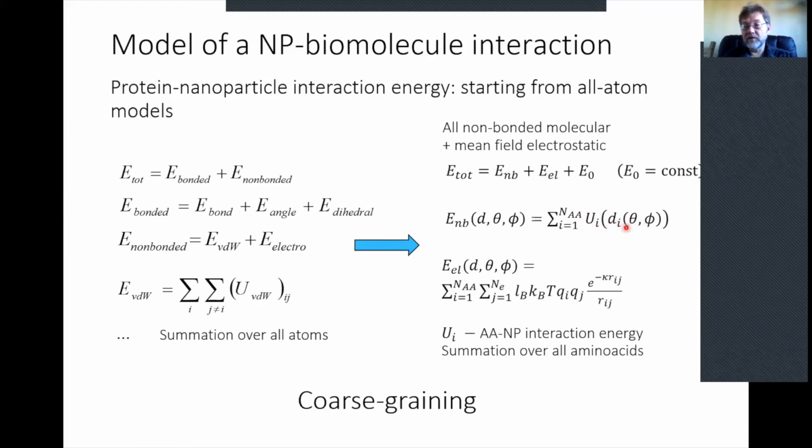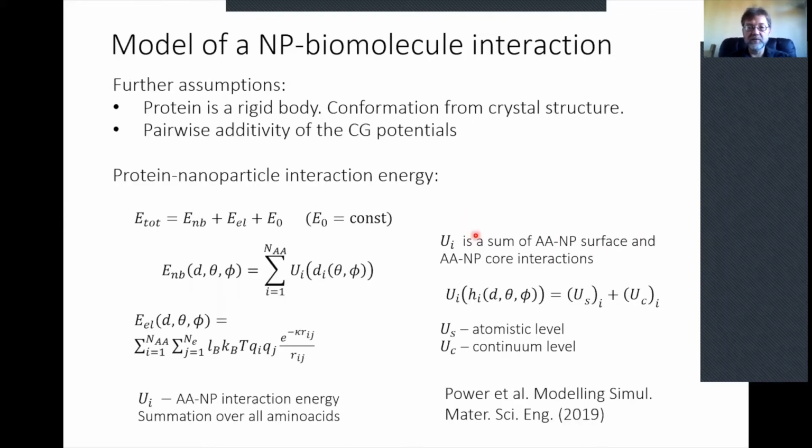And here, for the parameters of that, we simply rotate the protein and explore all different distances and orientations. And certainly for each orientation, each position with respect to the surface, there will be a set of distances between amino acids and the surface. So we say we are not losing anything at this point, although we're already making some approximations.